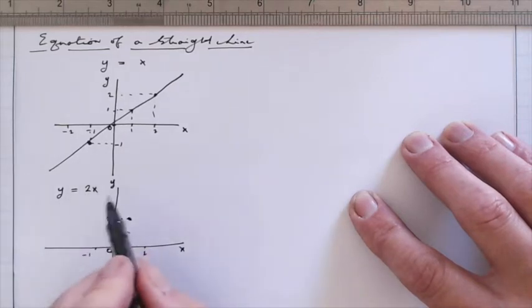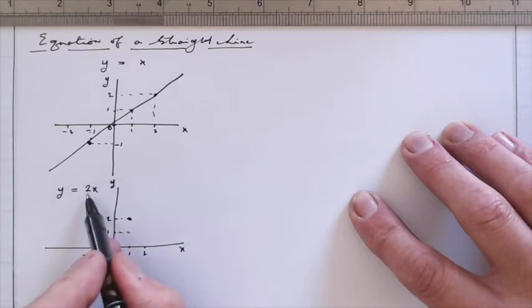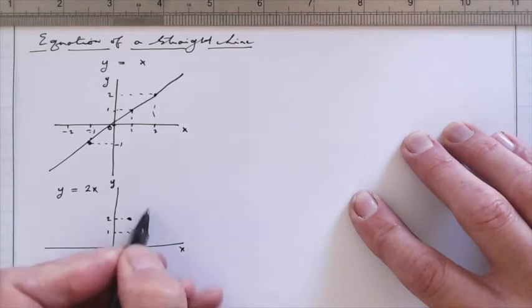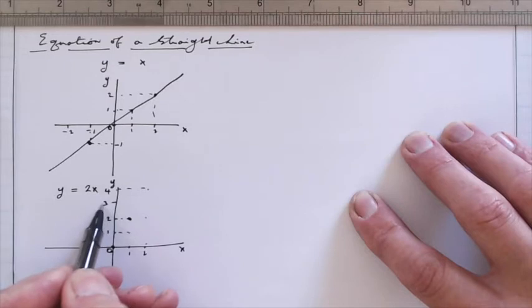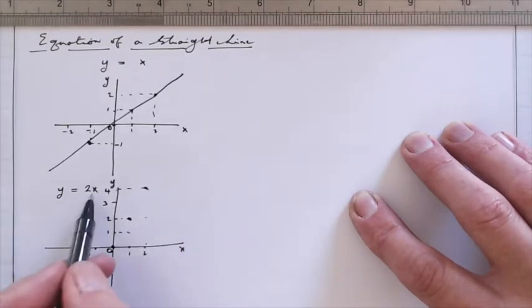If x equals 2, the equation instructs me to look for y, 2 times 2 is 4. So I would go 4 units above the number line. And let's just do one more point.